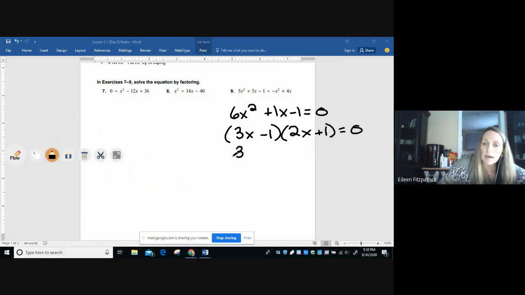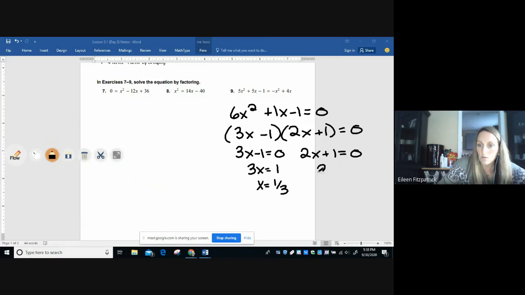Now I'm going to set each equal to 0 and solve for x. Add 1 to both sides, so 3x equals 1. Divide by 3, x equals 1/3. Subtract 1 from both sides, so 2x equals negative 1.